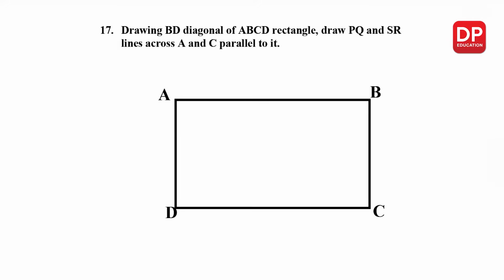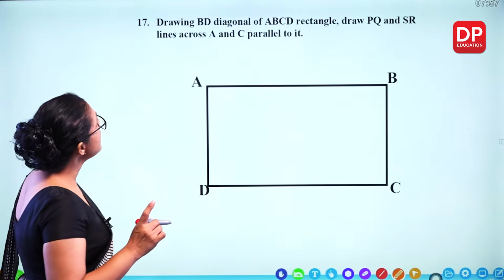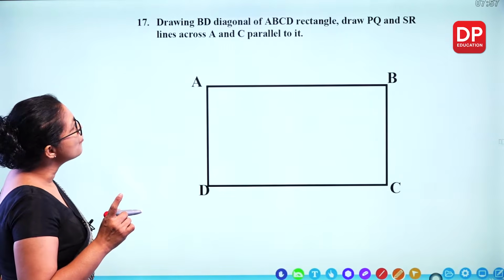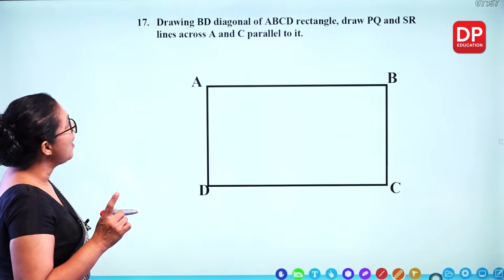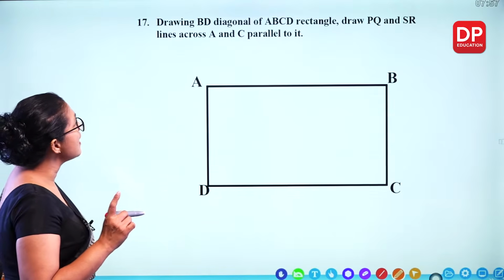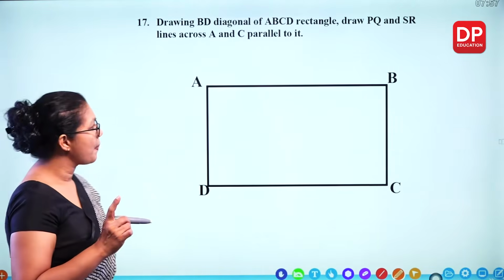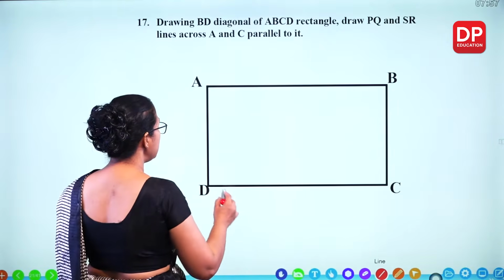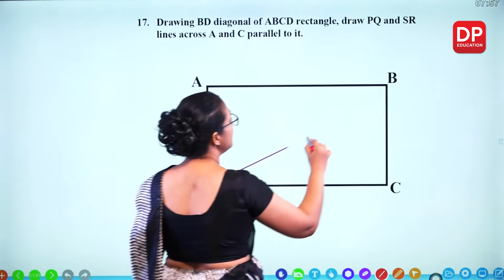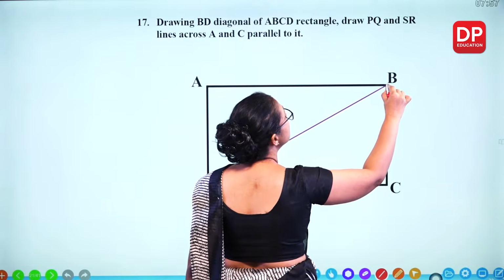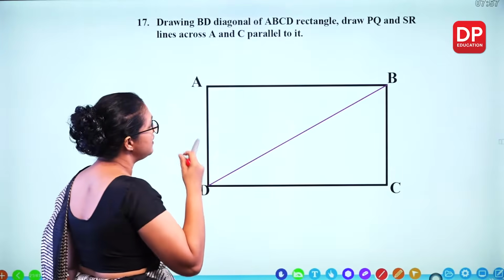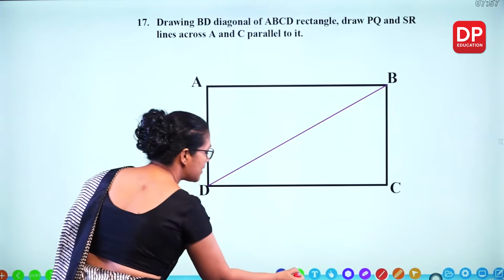Look at this diagram. Drawing BD, diagonal of ABCD rectangle, draw PQ and SR lines across A and C parallel to it. So first they asked to connect the BD diagonal. So take the ruler and connect. So that's the BD line. Then what you do, you take the set square.